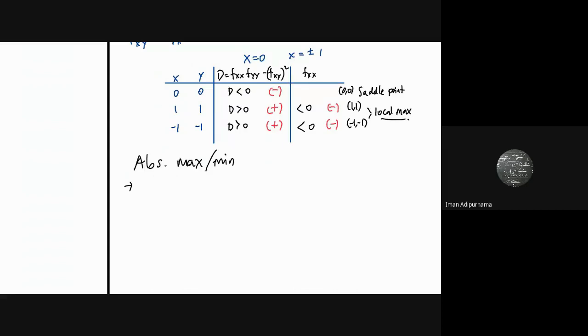So if a function is continuous on closed bounded sets in the domain, in real numbers, and f attains an absolute max.